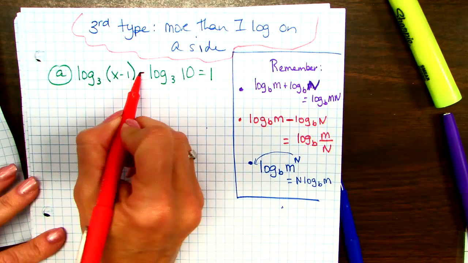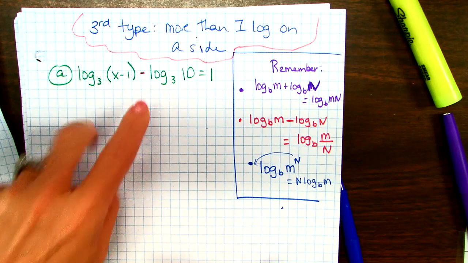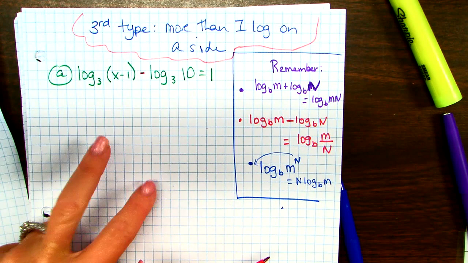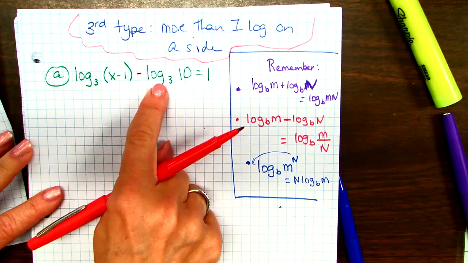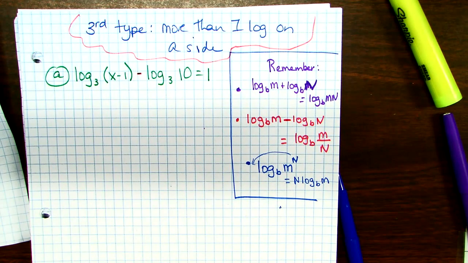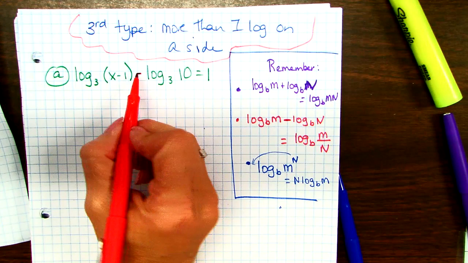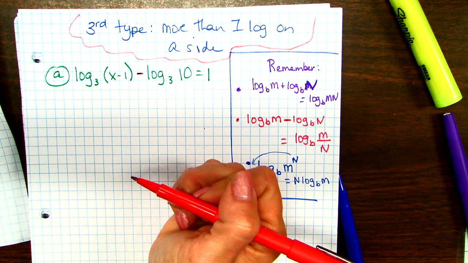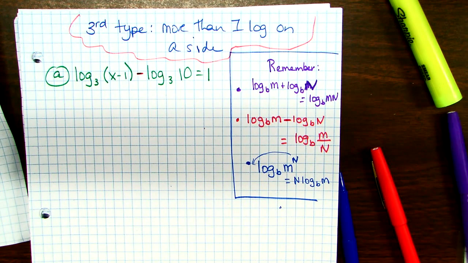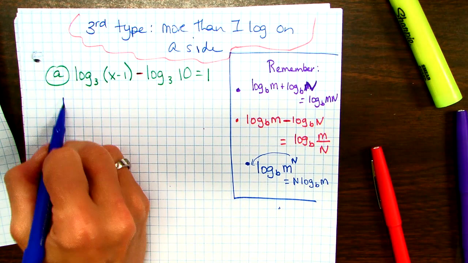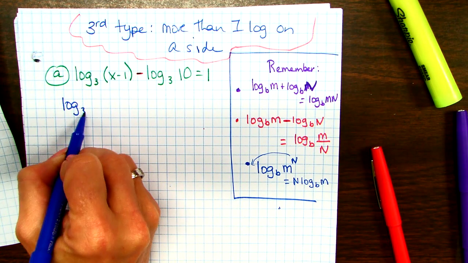Okay, so notice we have multiple logs, or it's only going to be 2, I think. I don't think there'll be more than 2 on one side. So when you see that, you're going to use your properties to write it as a single log. So we know that when we see subtraction, we can rewrite this left-hand side as division. So we write our log and its base 1 time.